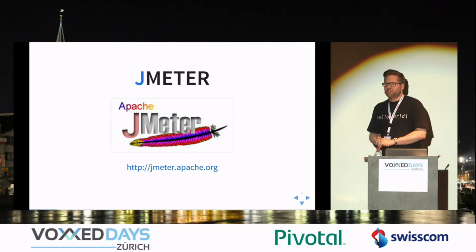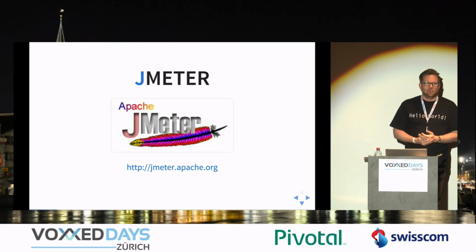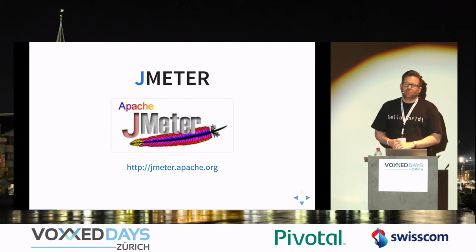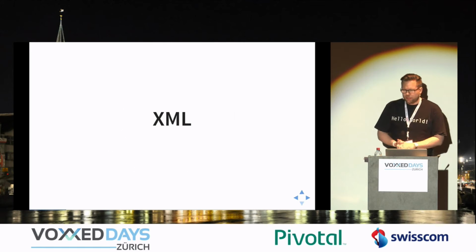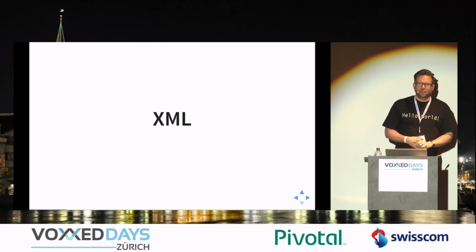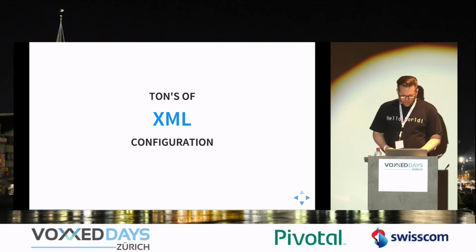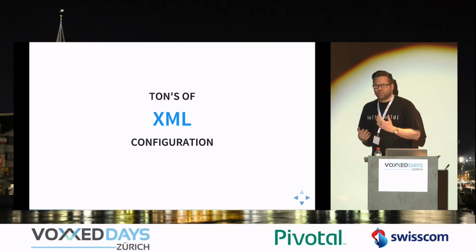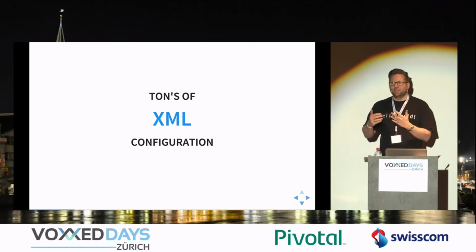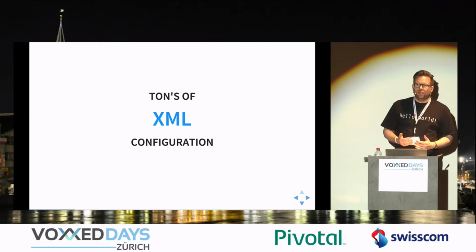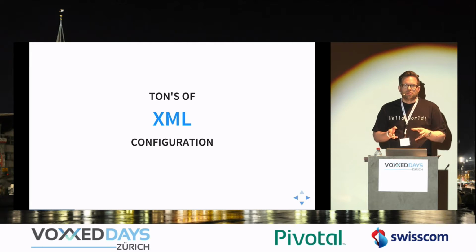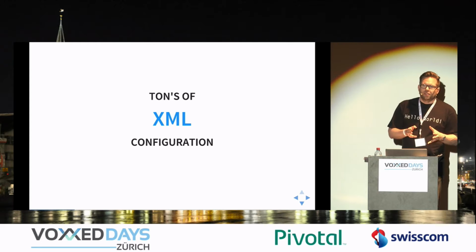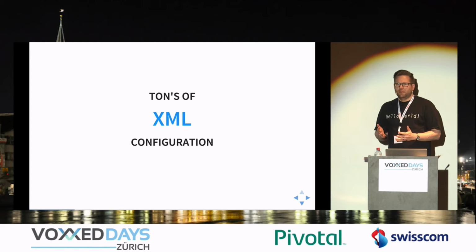I think in the past, most of you heard about JMeter, a very old tool. No, not an old tool, it's a major tool. JMeter is based on this pretty language XML. It's very trending at the moment, and it actually consists of tons of XML configuration for configuring your stress tests, your requests, and whatever. And because it's bound to XML, you are bound to the possibilities of XML to execute your tests.